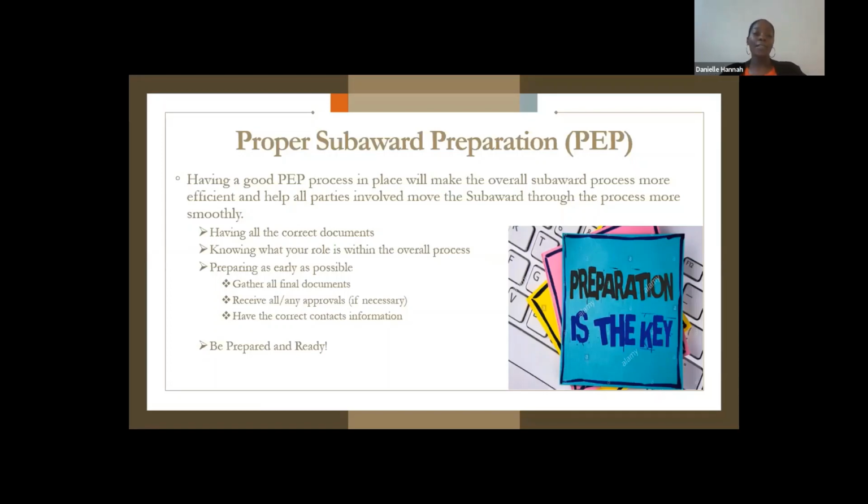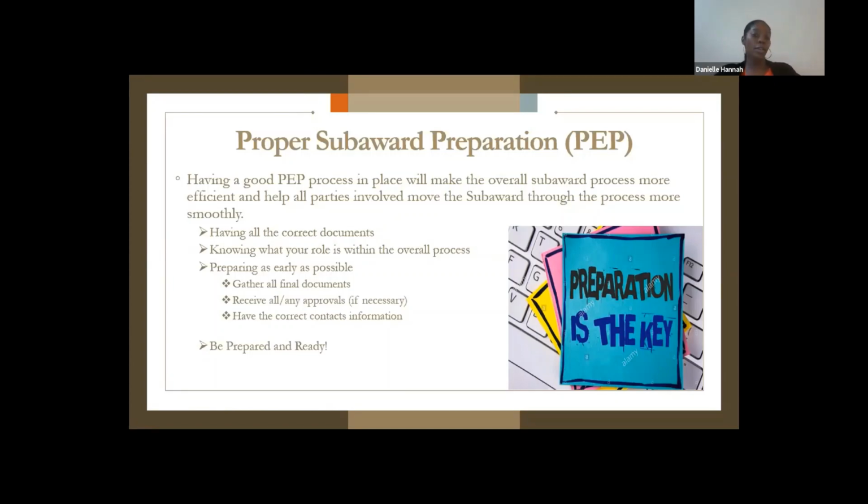So having all the correct documents in this type of situation, a PEP starts at proposal stage. We don't want to wait till the award is in place. If we know that there are going to be subawards on an award, we want to start at the proposal stage with gathering all the information from the subrecipients.